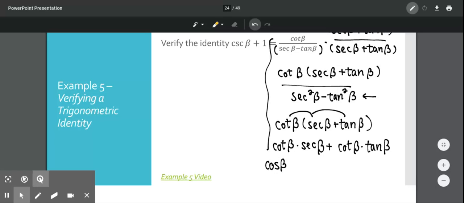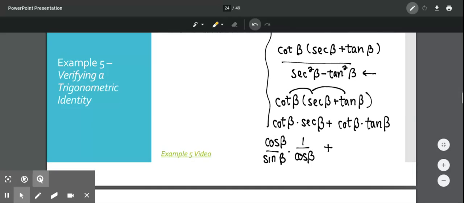So cosine beta over sine beta times 1 over cosine beta plus, if cotangent and tangent are reciprocals, when you multiply those together, you're going to get 1. It's like if you multiplied 2 times 1/2, you'll get 1, or 3/4 times 4/3, you get 1 when you multiply reciprocals together. So this whole quantity right here will just be 1.